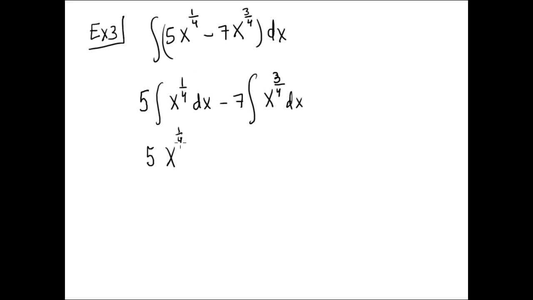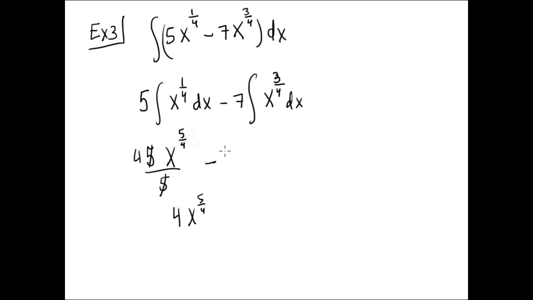This is 1 over 4 plus 1, and 1 is 4 over 4, so this is 5 over 4. You write here directly 5 over 4 divided by 5 over 4, the same as multiplication by the reciprocal, and the reciprocal is 4 over 5. It's a shortcut, and this 5 is cancelled and stays only 4 x to the 5 over 4.